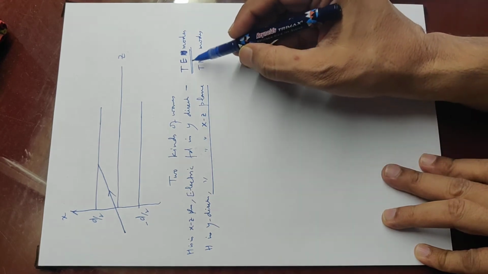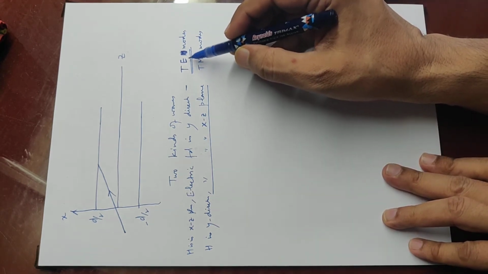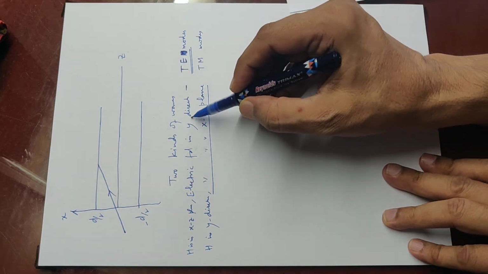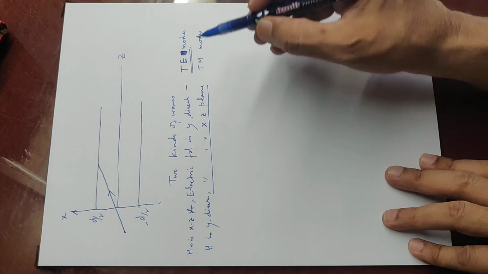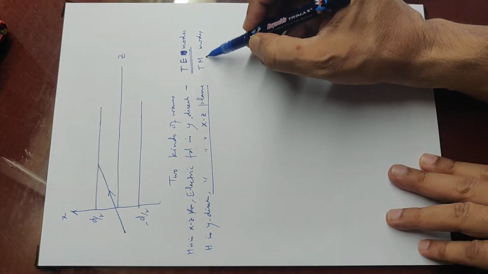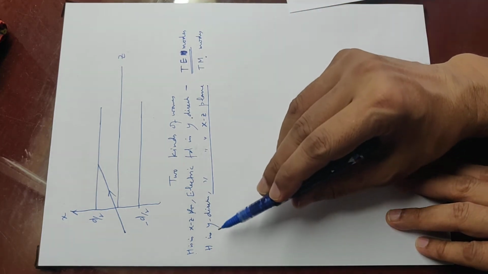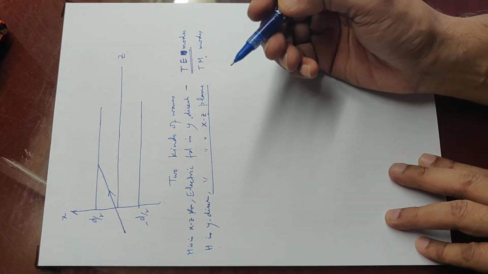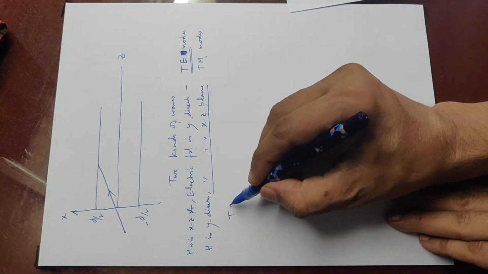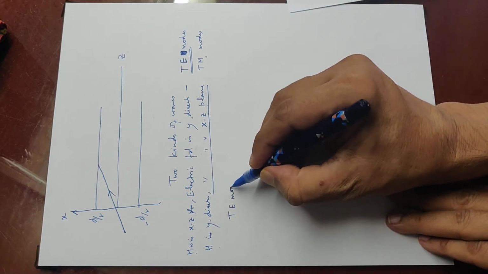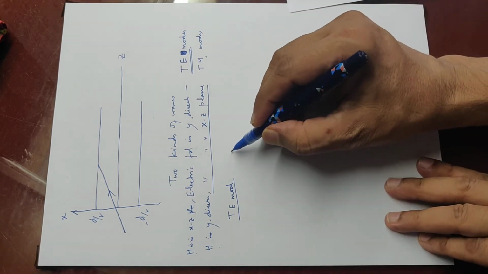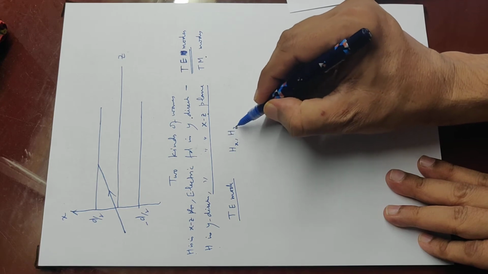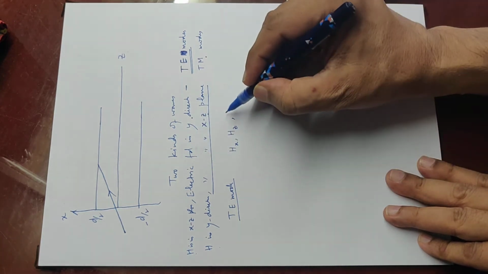So transverse electric modes are those in which we have the electric field in the y direction and H in the xz plane, and transverse magnetic modes are those in which the electric field is in the xz plane but H is in the y direction only. I can define it like this: in TE mode, Hx would exist, Hz would exist, and Ey would also exist.